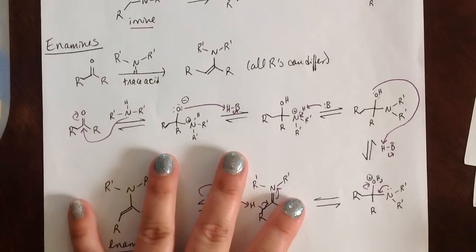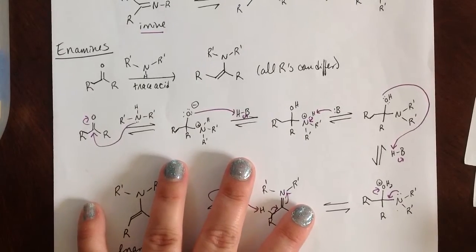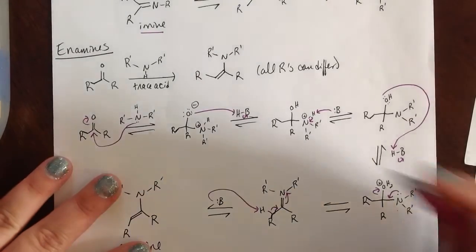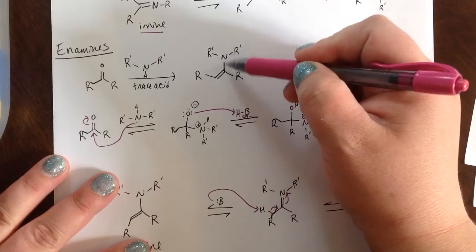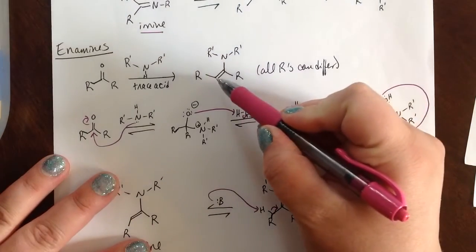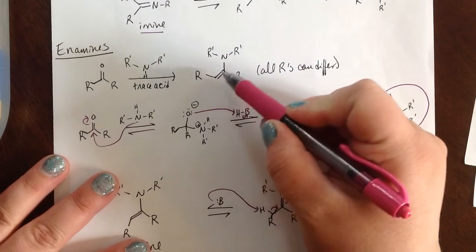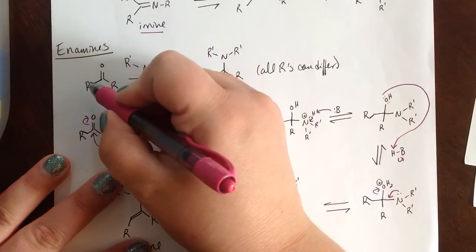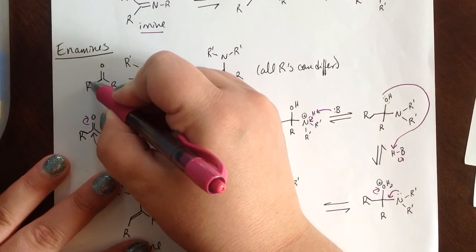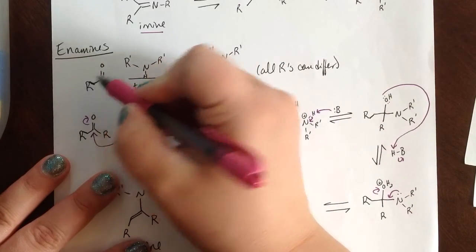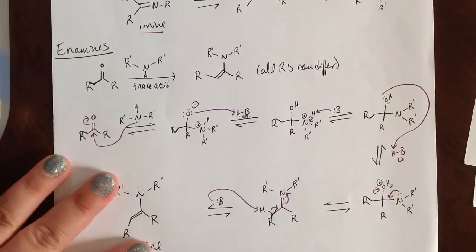Enamines are very similar. The difference is what they produce. Instead of having a double bond to this nitrogen, there's a double bond on a carbon right next to that nitrogen. So I'm sorry, I wrote this out. There is a carbon right here, okay?